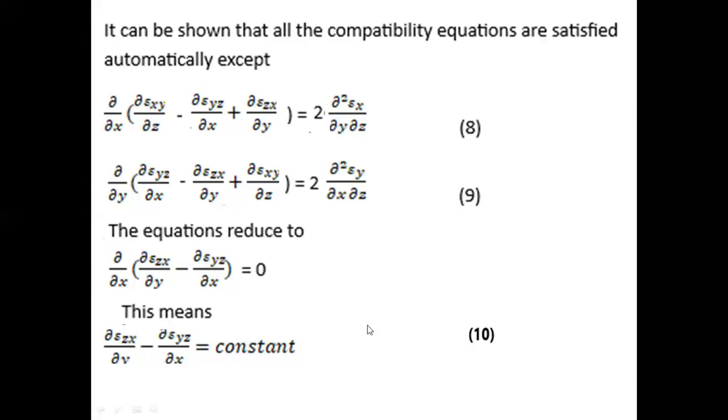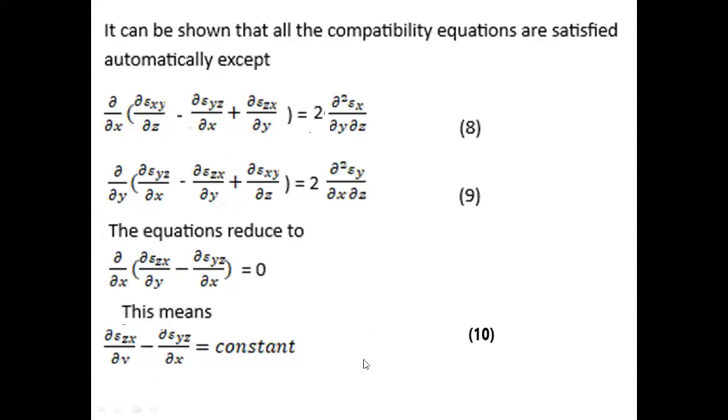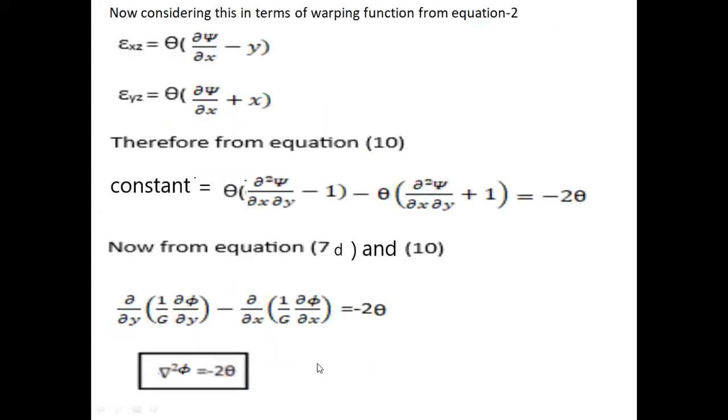So let's clarify it once again. Using the stress function approach, we can see that del epsilon zx by del y minus del epsilon yz by del x is a constant. We use this, and we'll go back now to the warping function. So don't get confused. We found this constant using the stress function.